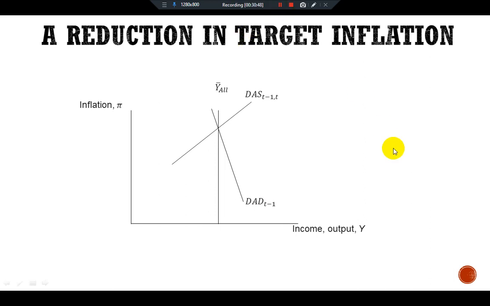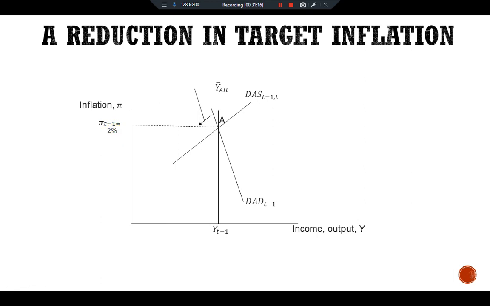We know that the intersection of the aggregate demand and aggregate supply curves decides the equilibrium condition of the economy at point A. At this point we have output yt minus 1 and inflation pi t minus 1, that is 2%.